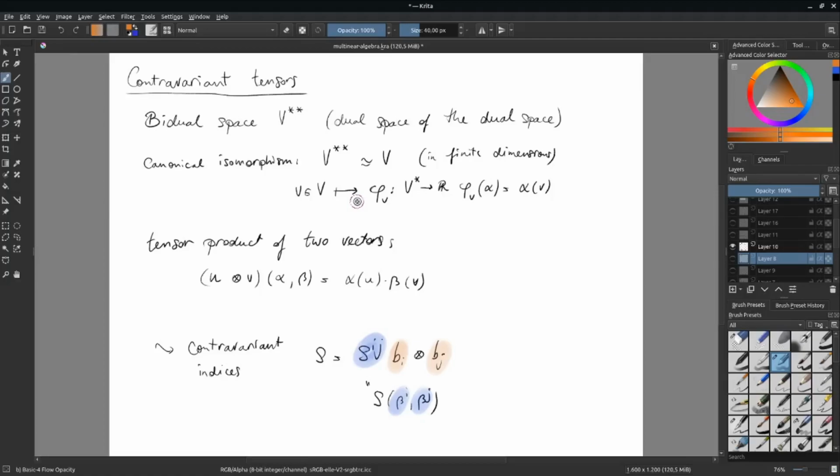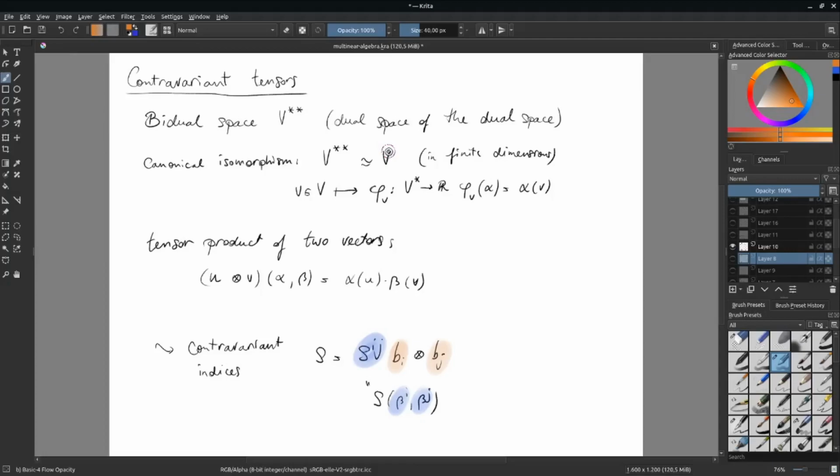And now I have my contravariant tensors, because my original vectors can be interpreted as not just vectors, but functions that take covectors and return scalars and are linear.